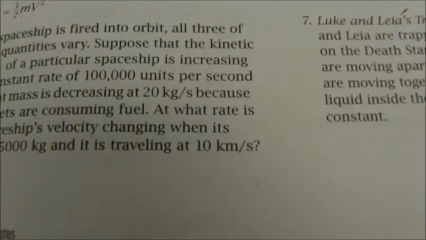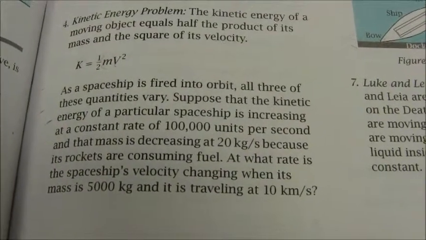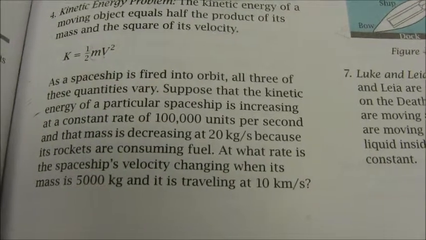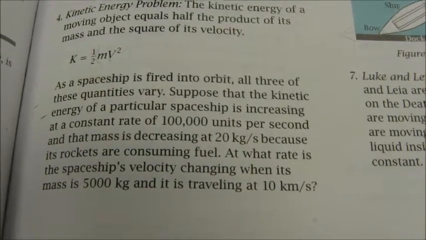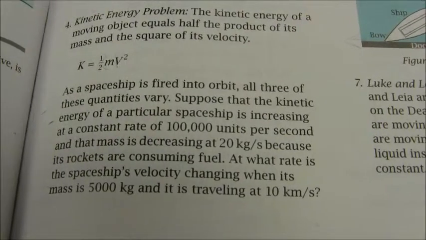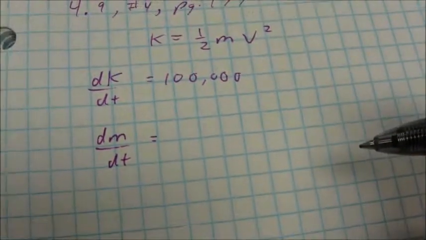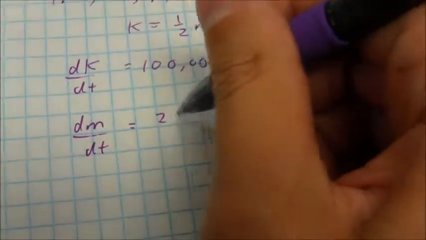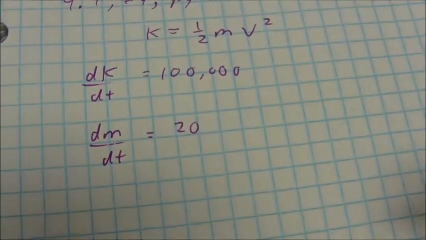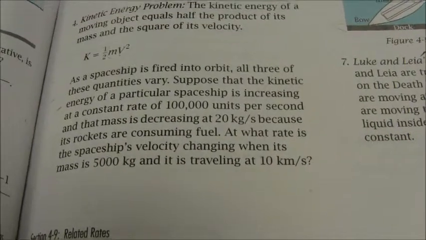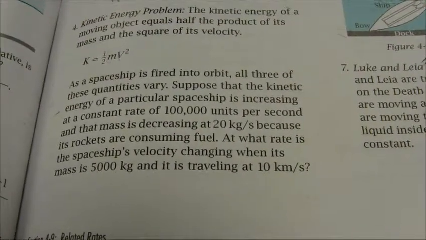Going back to look at the problem again, it says that the mass is decreasing, and that's important to keep in mind, the sign there. Mass is decreasing at 20 kilograms per second. So that's dm/dt, the rate of change of the mass, and again, that is 20 kilograms per second. Going back to the problem again, at what rate is the velocity changing?